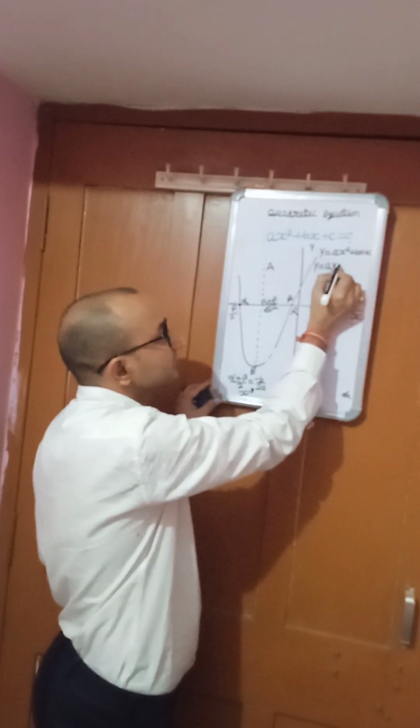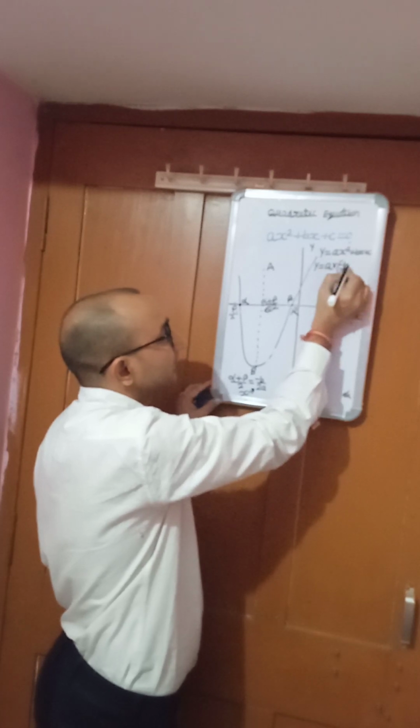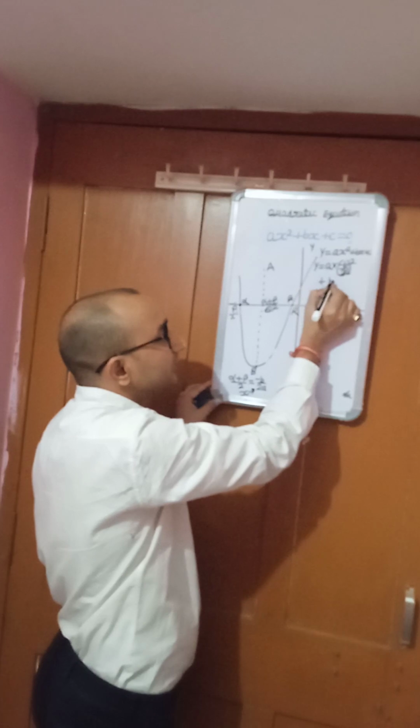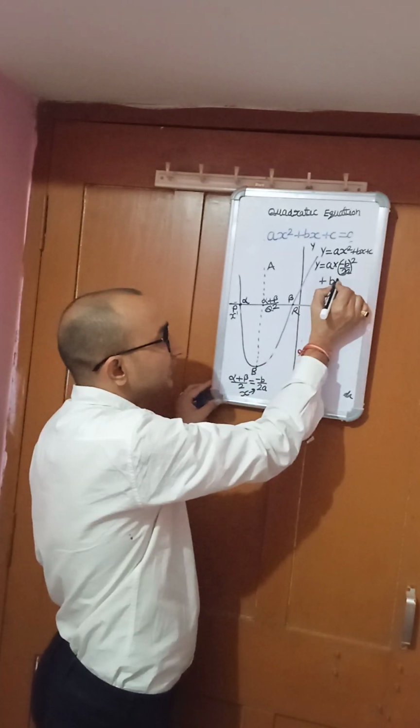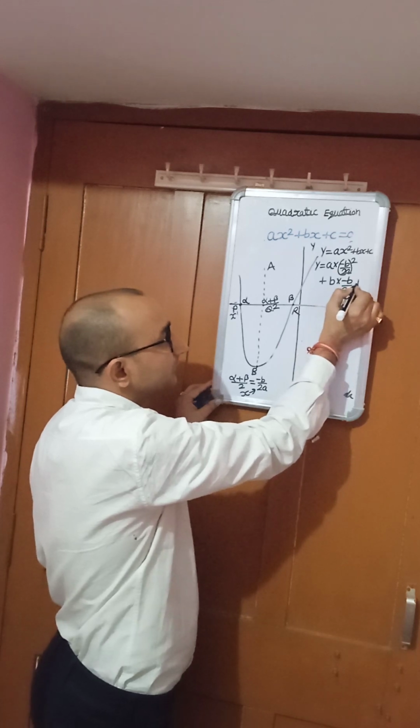Put the value of x: y equals a times (minus b by 2a) square plus b times (minus b by 2a) plus c.